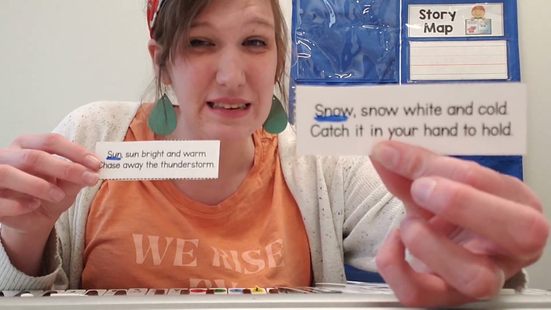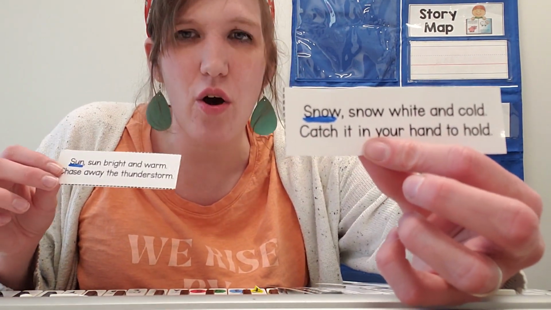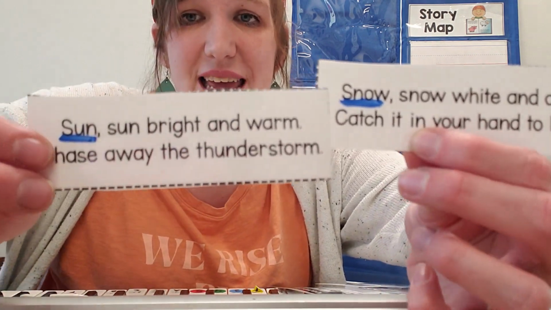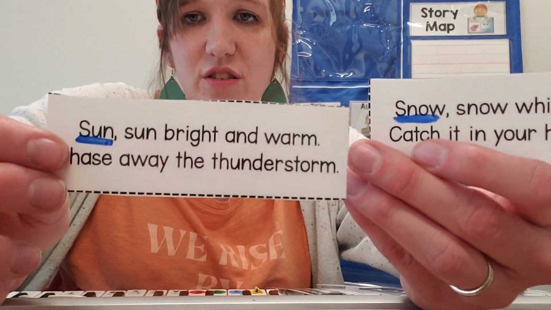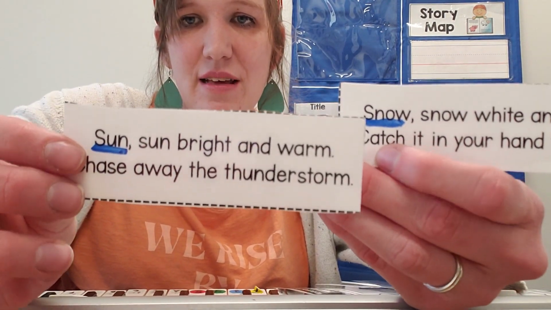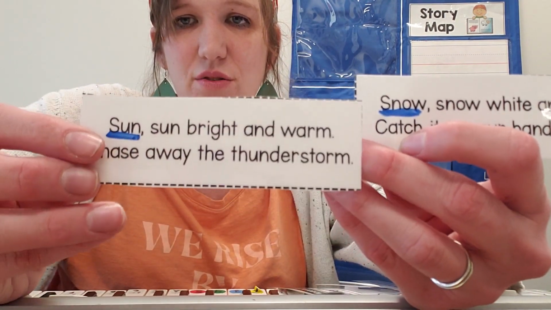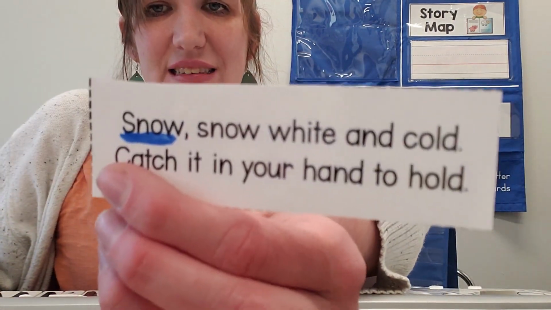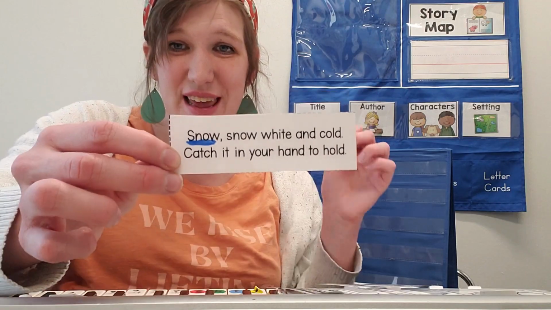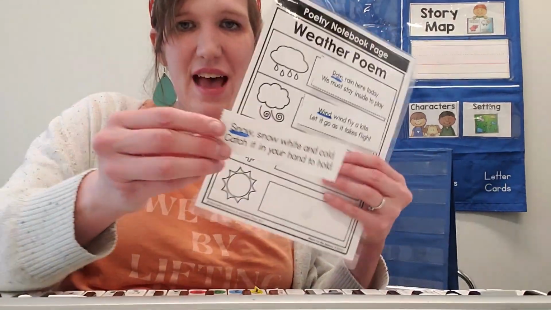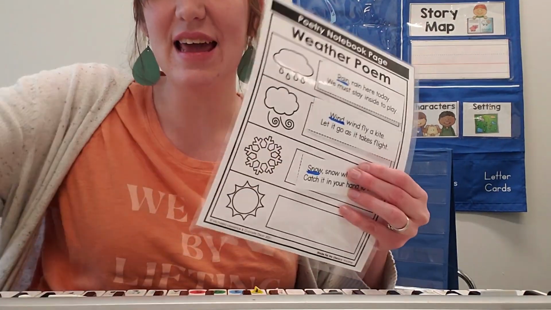So we'll have to look at the second sound to find snow. Sn. I hear a N sound next. Let's see. Which word starts with S-N? S-U, no. S-N, snow, snow, white and cold. Catch it in your hand to hold. That's our next phrase.